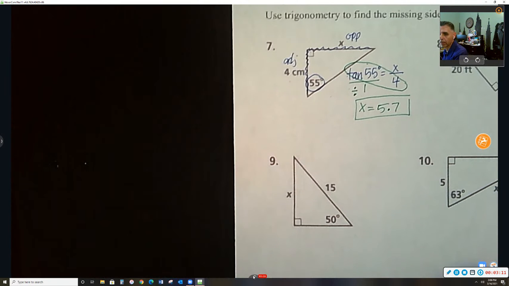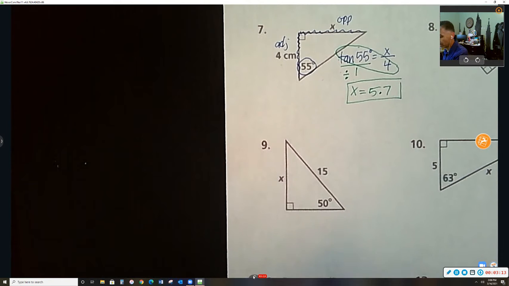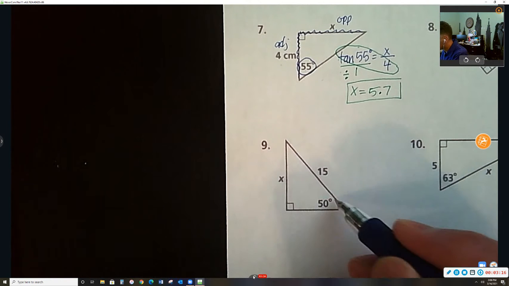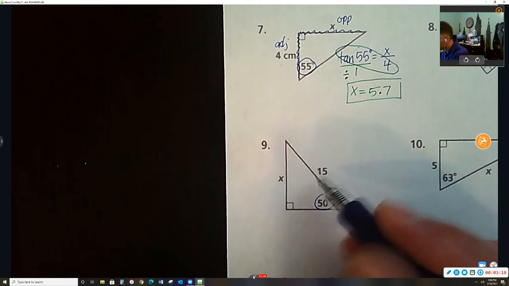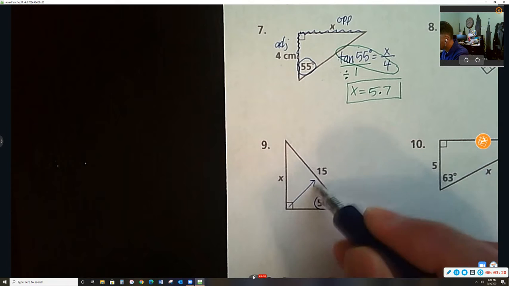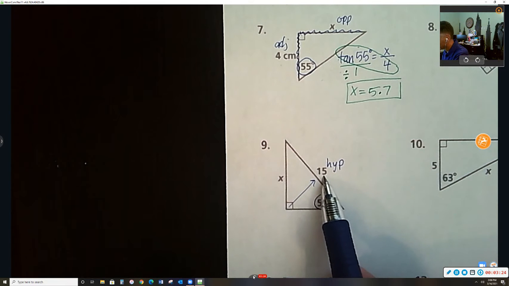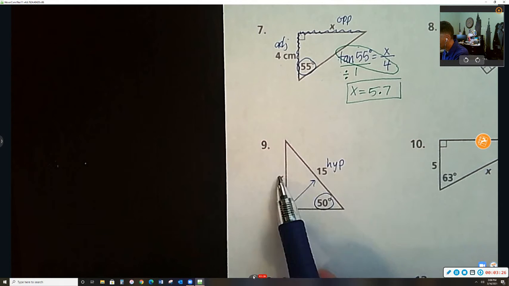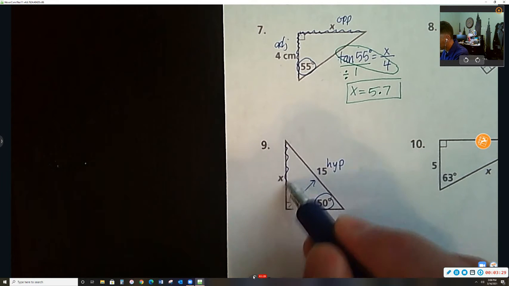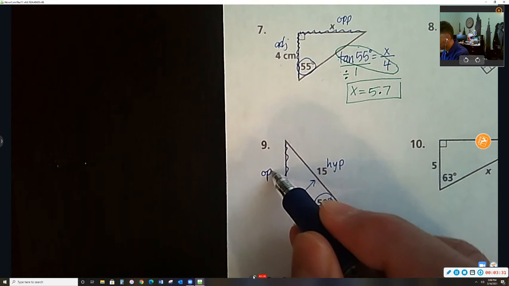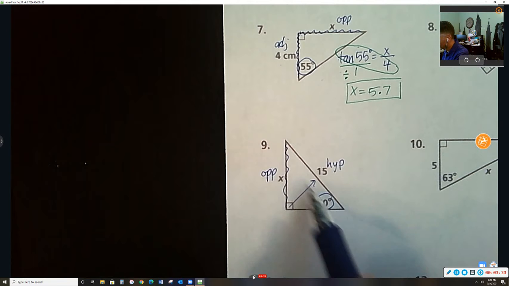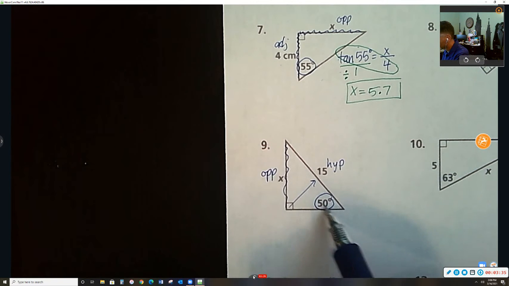So let's look at number 9. Now that we have this here, again, this is the angle we're using. This side over here is the hypotenuse. I am going to write down hypotenuse because it has a value there. And then this side is the opposite side. I know it's the opposite side because it's across the 50-degree angle.